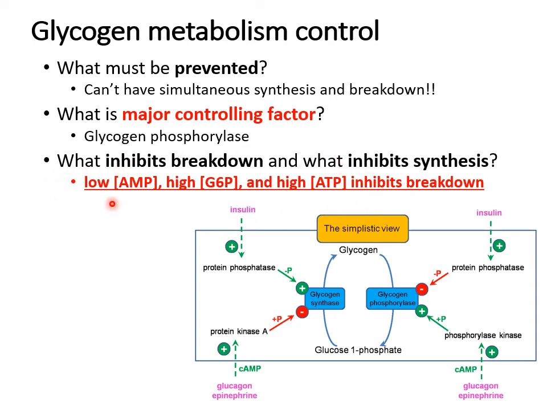So if there's low AMP, high G6P, which is glucose 6-phosphate, and high ATP, that's going to inhibit glycogen breakdown. When I say use logic to help yourself remember this, the trick is to think: why does a cell want to break down glycogen?